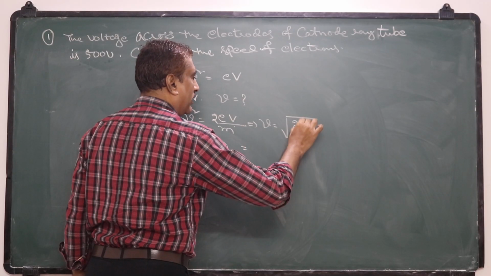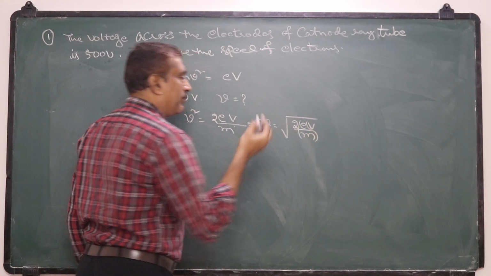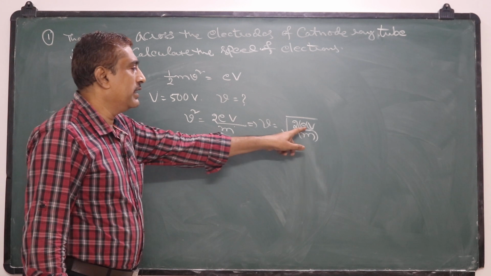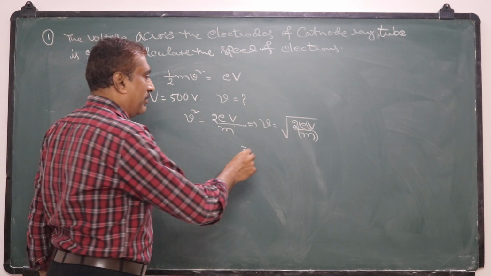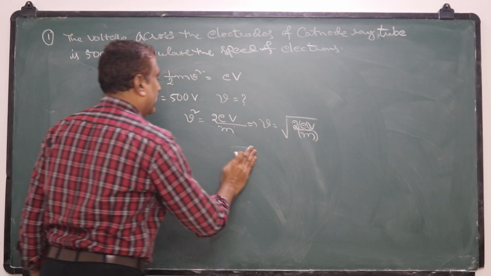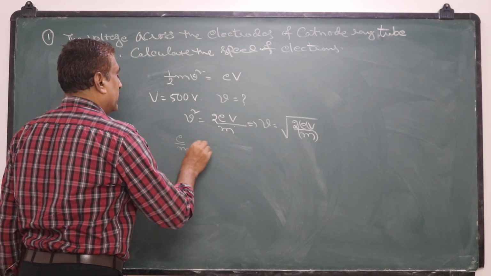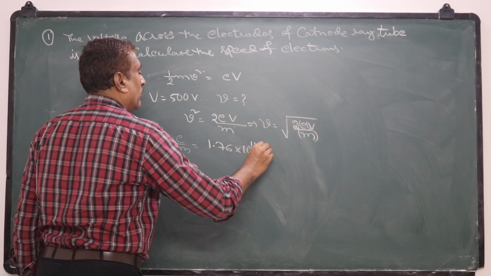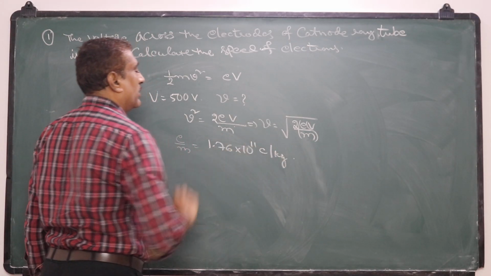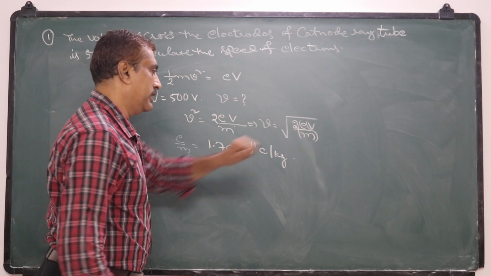By J.J. Thomson method, the e by m of electron we have calculated as 1.76 into 10 to the power 11 coulomb per kg. So now substitute in this.